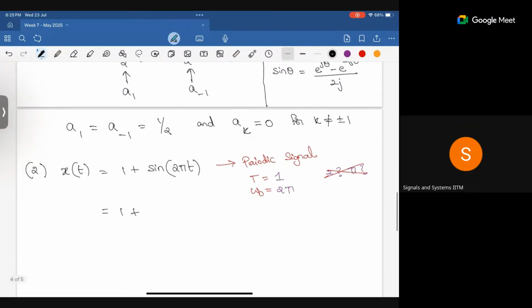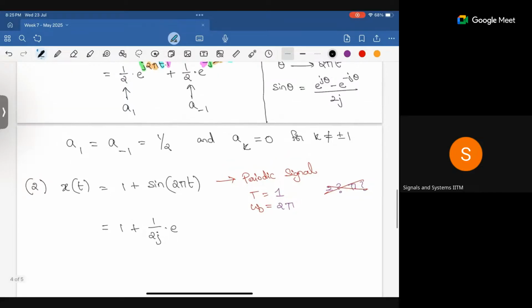That's it. So we'll have 1 by 2j into e power j 2 pi t, and minus 1 by 2j into e power minus j 2 pi t.